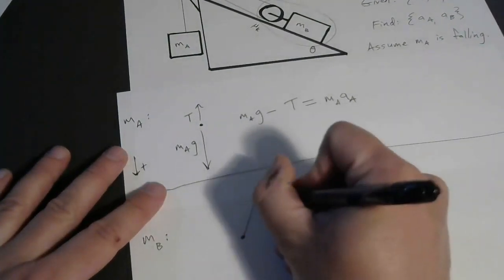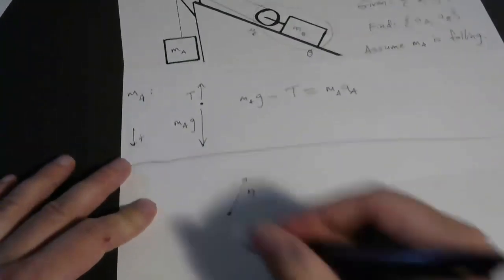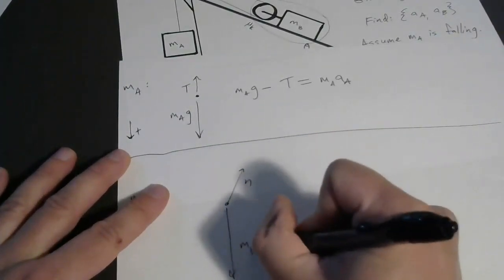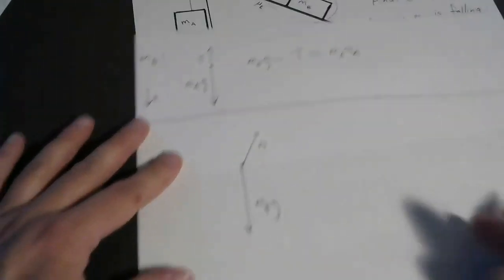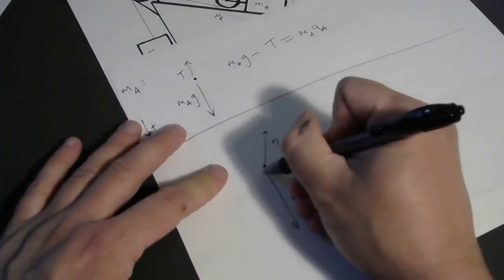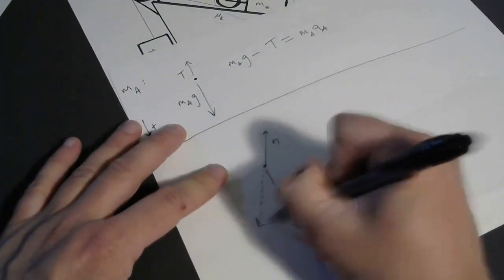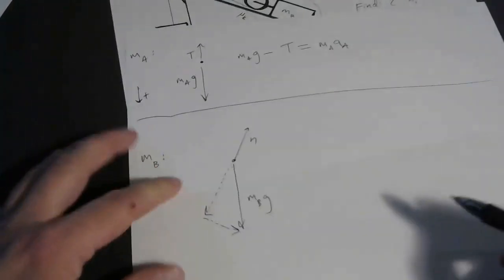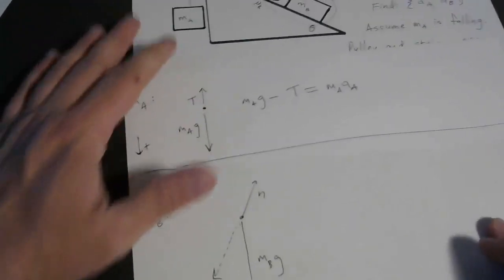Normal force, which is normal to the ramp. I'll start by drawing gravity straight down, mass B times g, but I have to resolve it into components, one of which is normal to the ramp surface and the other is parallel, points down the ramp.